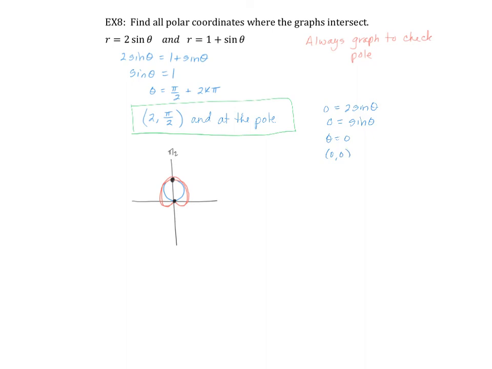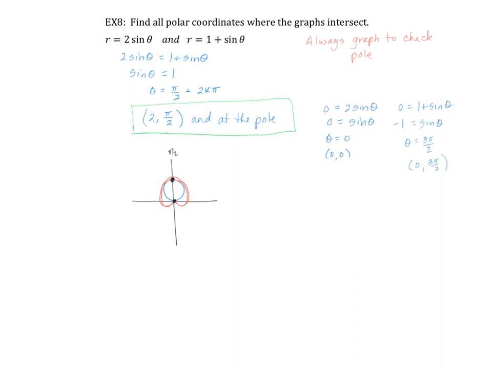But when you look at the second equation and you put in 0 for r, then we're looking at where sine of theta is equal to -1. Sine of theta is equal to -1 at theta equal to 3 pi over 2. So when theta is equal to 3 pi over 2, sine of theta is -1 and r is 0. So for this second equation, it's going to pass through the pole at 0, 3 pi over 2.